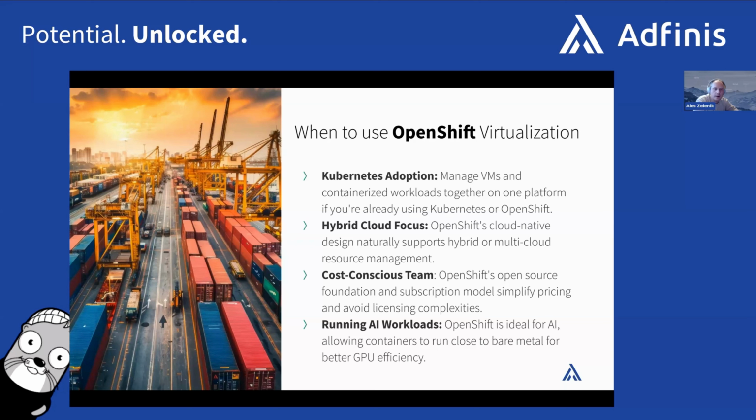They still run everything on virtual machines. They have used hypervisor technology for all their workloads. Here I'm talking about, let's say, Hyper-V, vSphere, Proxmox, even OpenStack or Nutanix. And you're looking to support containerized workloads in the future.